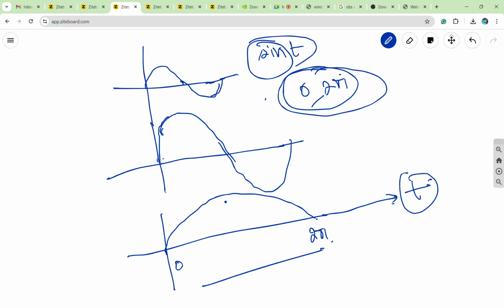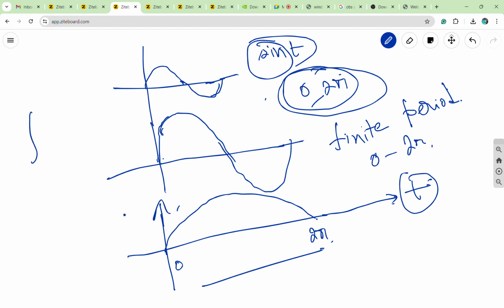Okay, so we can say that particular signal is within a particular finite period interval. We can say not periodic, it's just a finite period, that is 0 to 2 pi. Now we can easily calculate. What is energy? Energy is amplitude square, or mod of y(t) square.